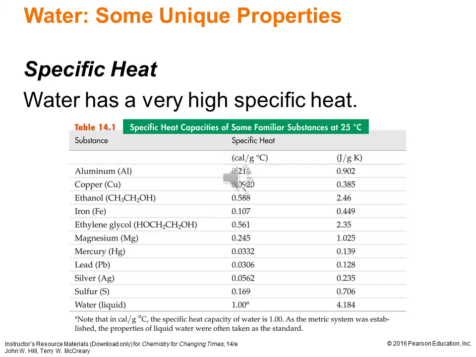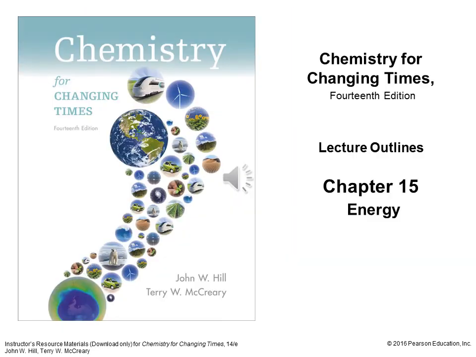But water's roughly twice the specific heat of either of those substances, and those, as you see by their chemical formulas, are much larger in terms of molecular weight than water. So water is quite incredible, and hopefully you never think about water the same way after reading this chapter.